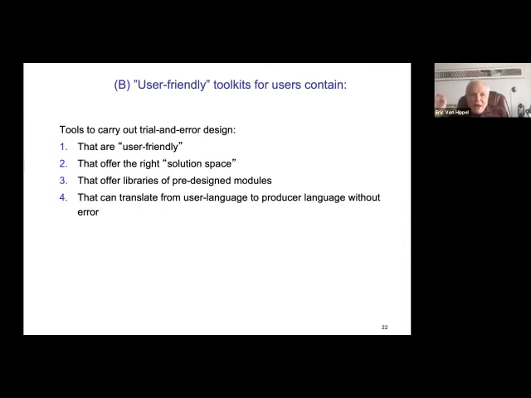Namely, you have to have tools built into the toolkit that allow you to do trial and error design that are user-friendly, offer the right solution space, libraries, and can translate from user language to producer language. So let me go briefly into each of those things now.